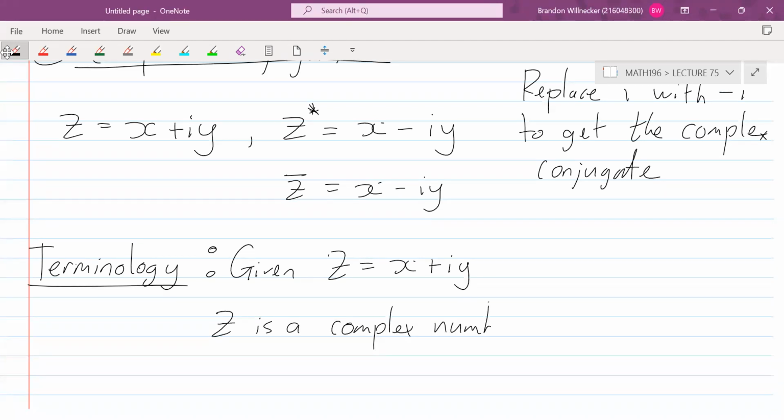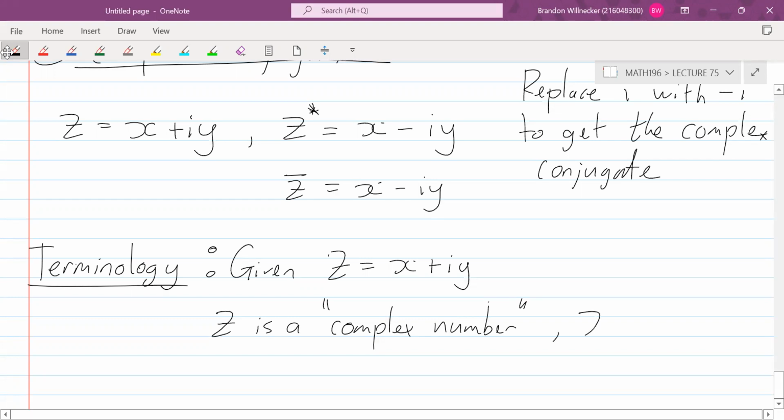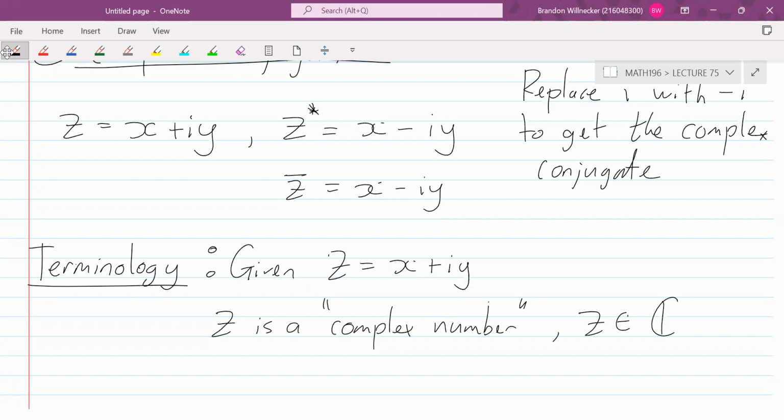We say that it belongs to the set C. So z is an element of C. Much like we had x being an element of the real numbers, z is an element of the complex numbers. So that's this new set C.